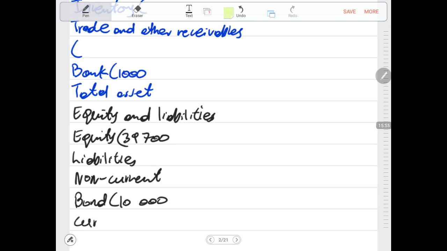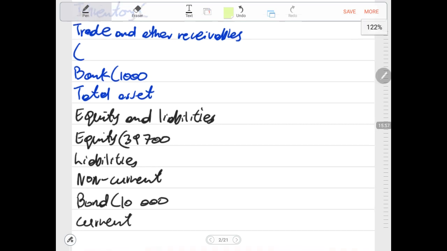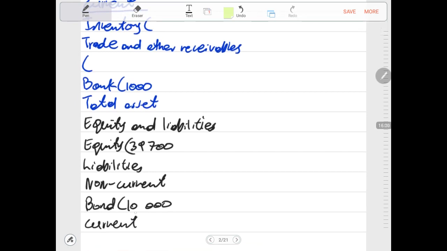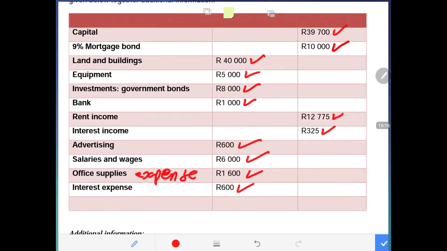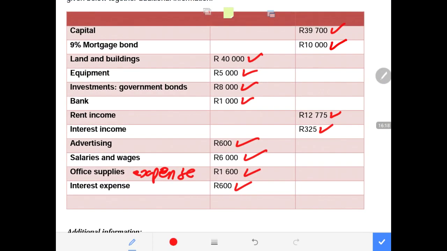Then now we come to what we call current liabilities, and under our current liabilities we have trade payables. There's very limited space here, but I will try to squeeze things in. Then we go to the trial balance and look if we have any trade and other payables.